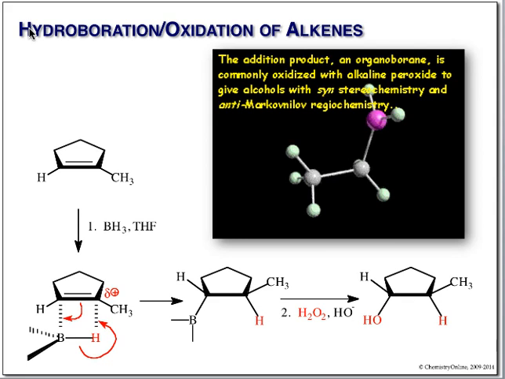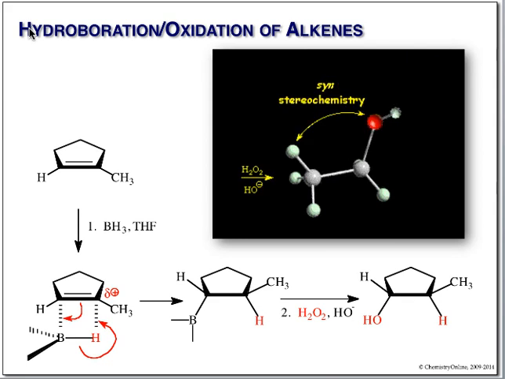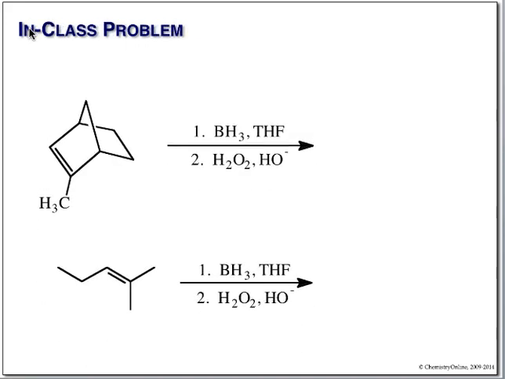Once we have this, we simply do oxidation with peroxide to convert the borane intermediate into the alcohol. Anti-Markovnikov regiochemistry, and it's syn or cis addition. Go ahead and do these guys.